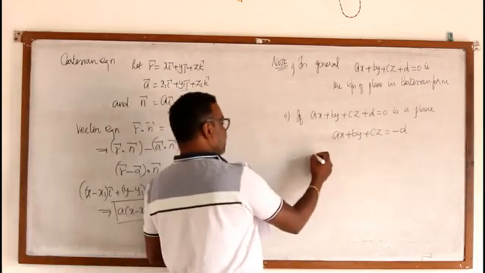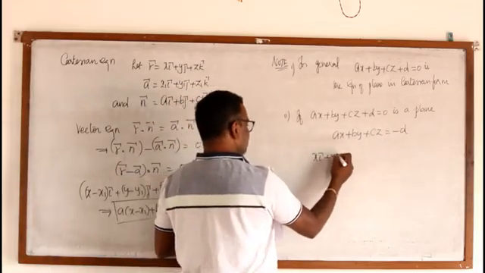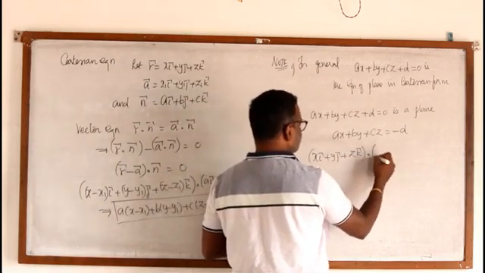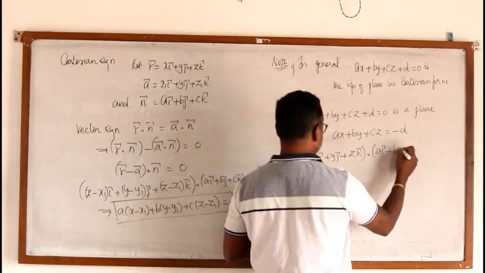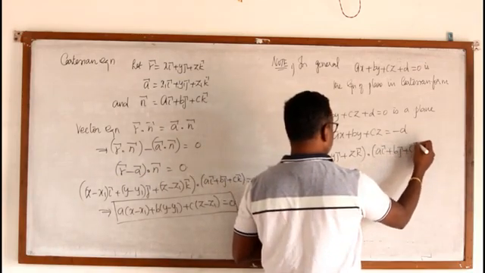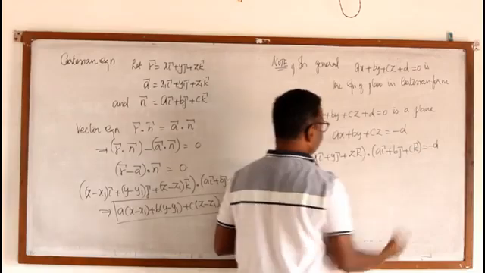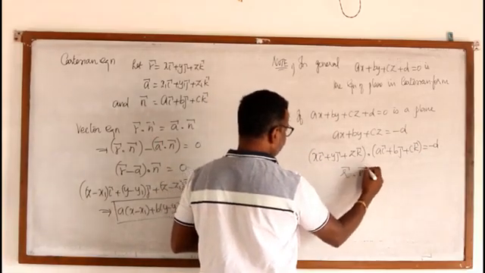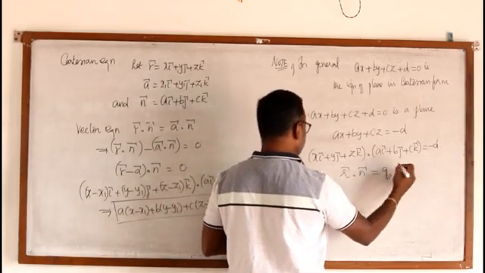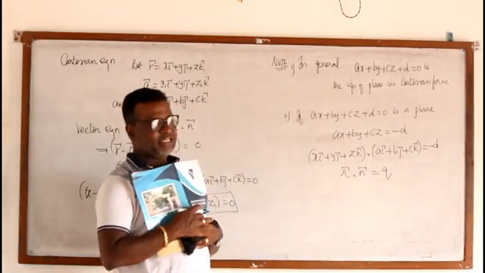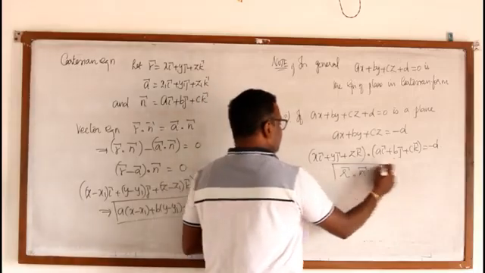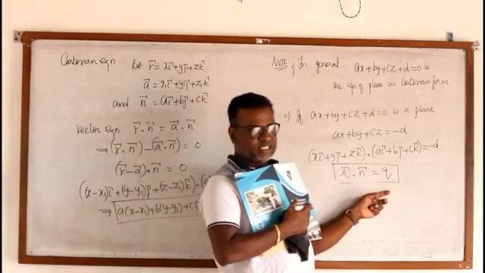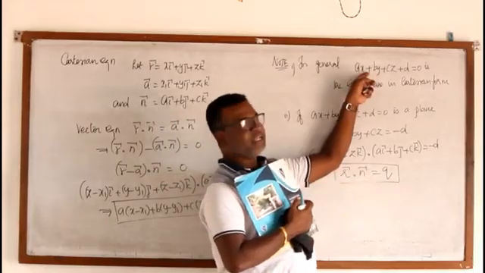Then it is (xi plus yj plus zk) dot (ai plus bj plus ck) equal to minus d. Then this is the r vector, this is the n vector, and minus d we call q. This is the vector equation in general format. So r dot n vector equal to q is the general vector equation.